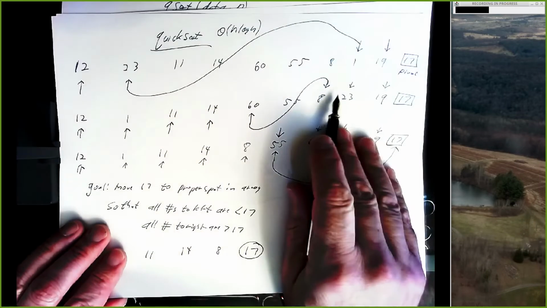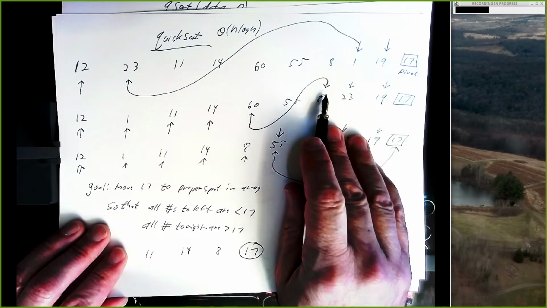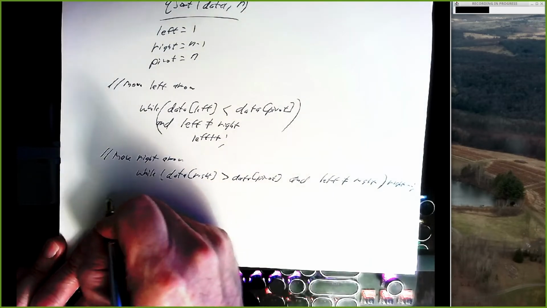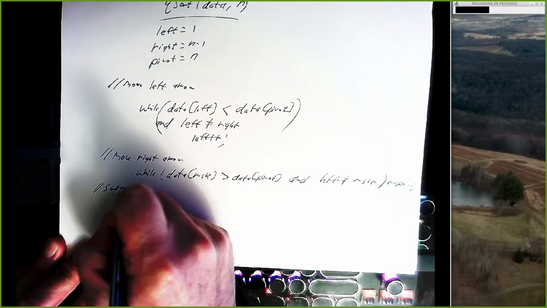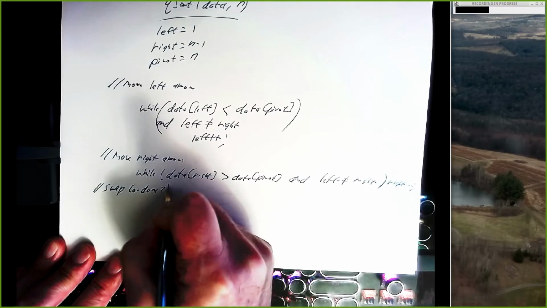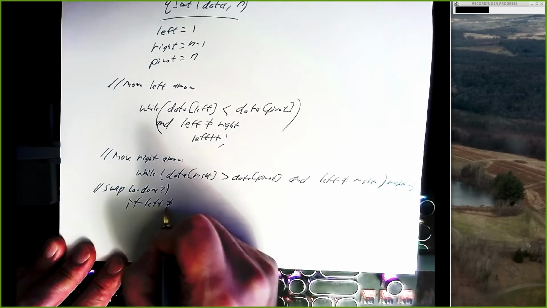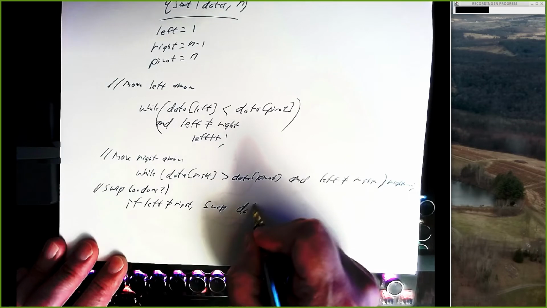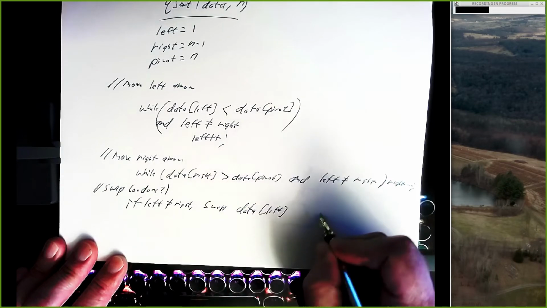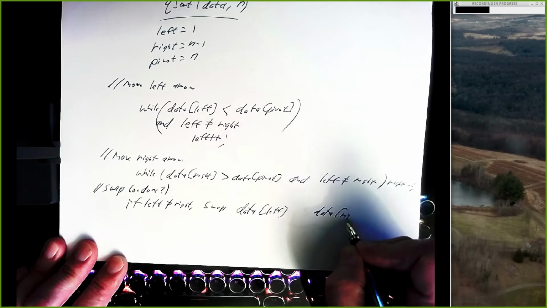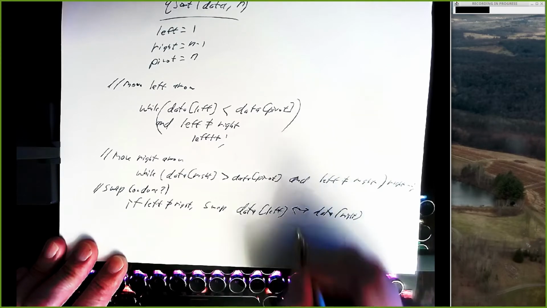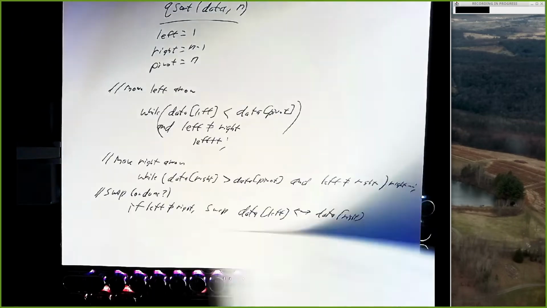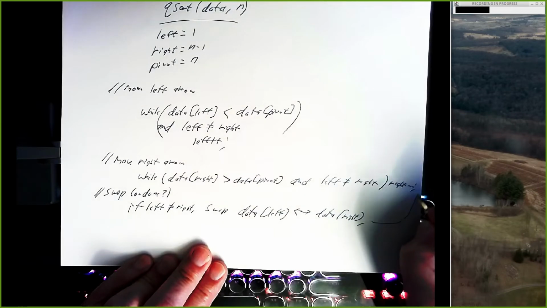So now we're moving our right arrow over. And then we can say if left is not equal to right, swap data[left] and data[right]. So do this operation where we switch places there, and then go back up here.